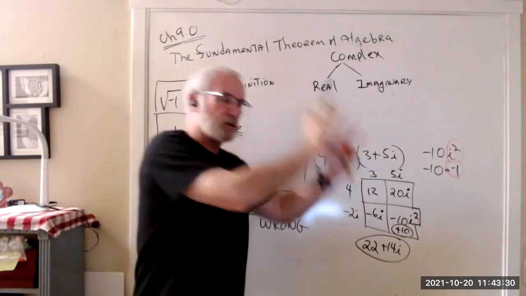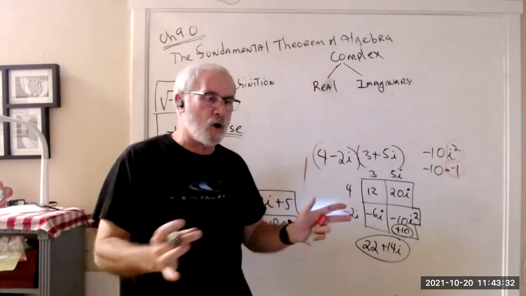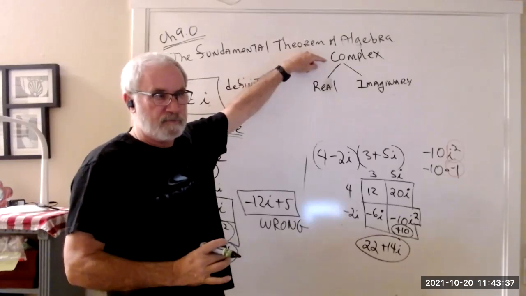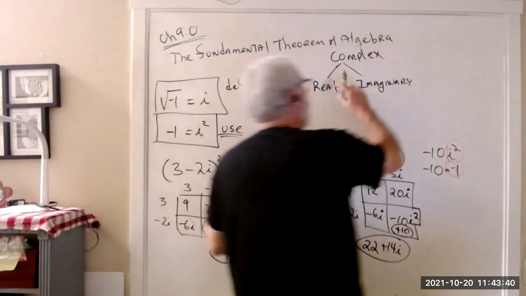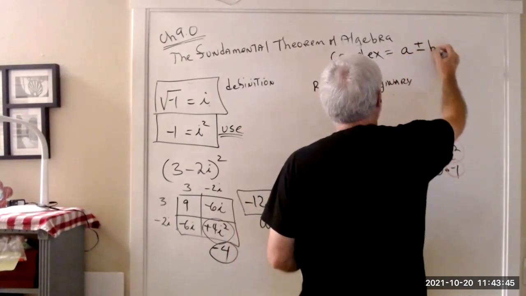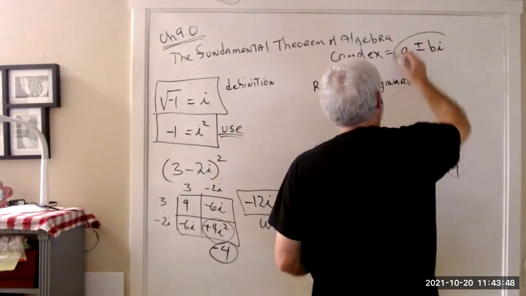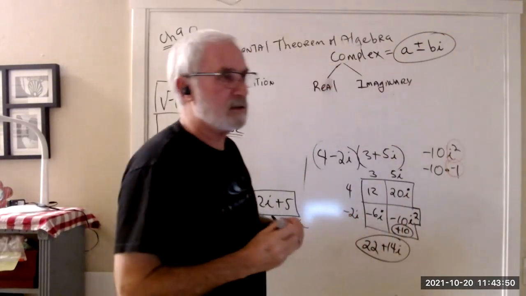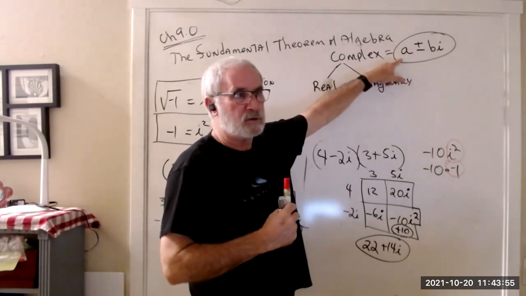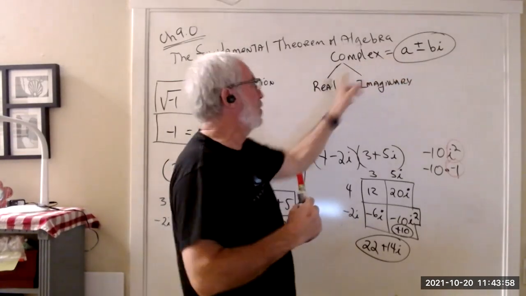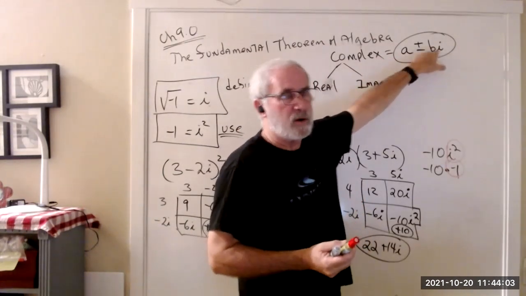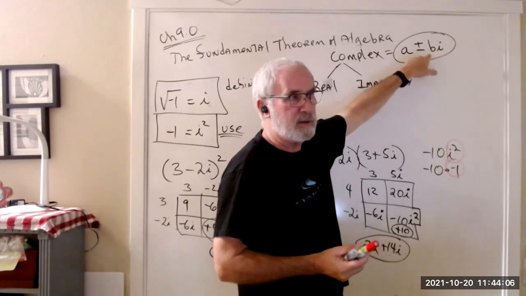There's real numbers, there's imaginary, but what if I want to talk about all of them? Then we use the word complex numbers. I wrote up here, complex numbers are written as a plus or minus bi. The a is the real part, and bi is the imaginary part with the i on it.